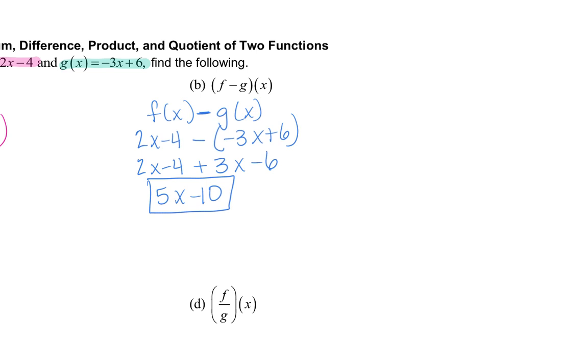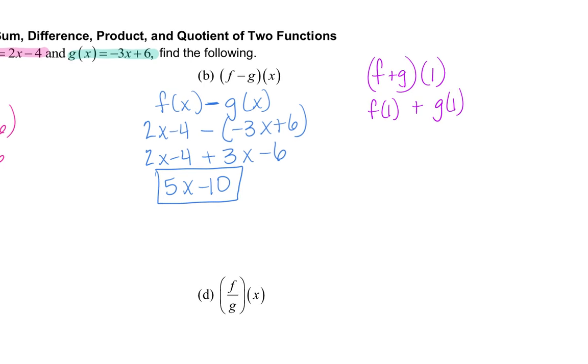What if we did, just over here to the side, f plus g of 1. So remember, that's going to be f of 1 plus g of 1. So I'm going to plug in 1s everywhere I see an x in both of my functions. So it's going to be 2 times 1 minus 4 plus -3 times 1 plus 6. 2 minus 4 minus 3 plus 6.